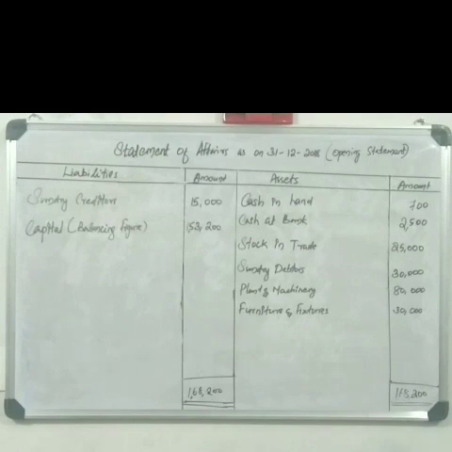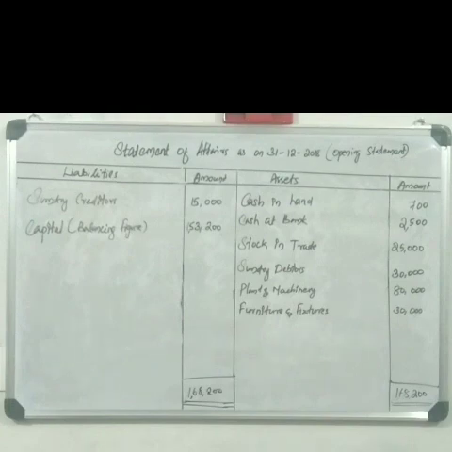Sundry debtors, people who have purchased from us and are supposed to give money to us, right? Those are debtors, and the collection of debtors are sundry debtors. So sundry debtors is also an asset, 30,000 rupees. Plant and machinery, an asset, 80,000 rupees. Furniture and fixtures, 30,000 rupees, which is also an asset.